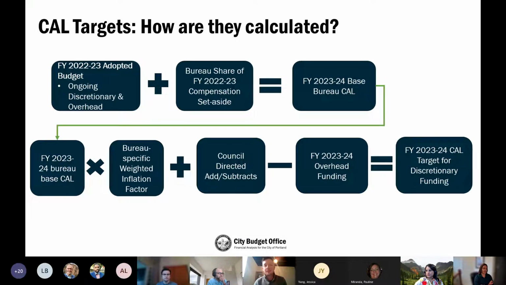This is then inflated by a bureau-specific inflation factor, which we'll show in the next couple slides. You add or subtract any council-directed and approved allocations, and then subtract off overhead funding, and that gives you the Cal target for discretionary funding.